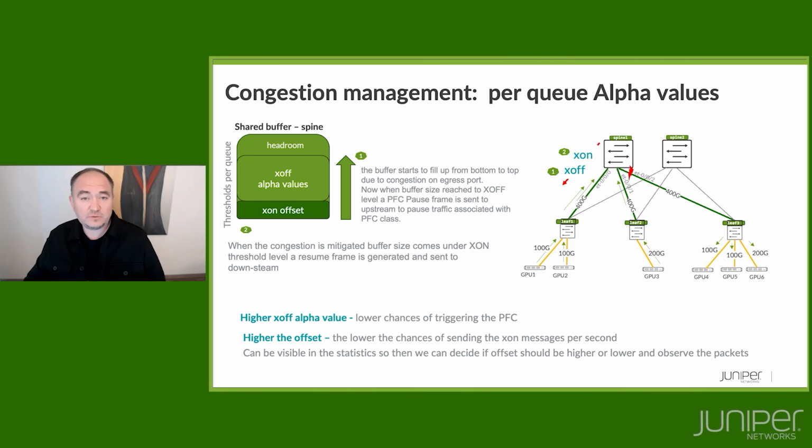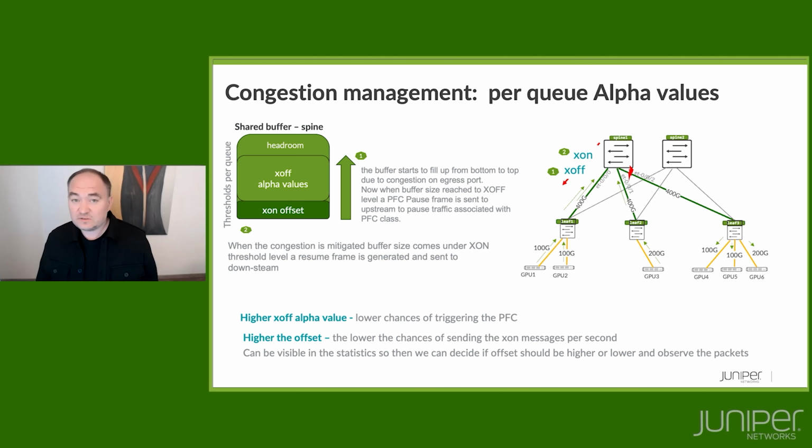That's a good point. Arun, last time we discussed some more advanced functionalities, for example, how to manage the PFC using the concept of alpha values. You can set different values of alpha and provision the way the XOFF is triggered to pause the streams to the originating server.